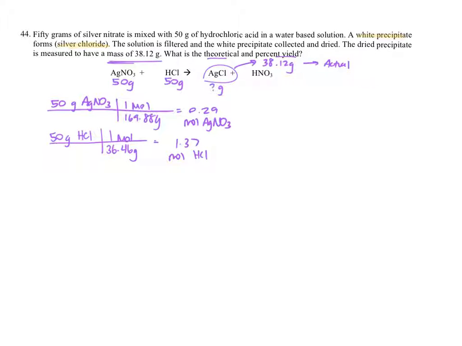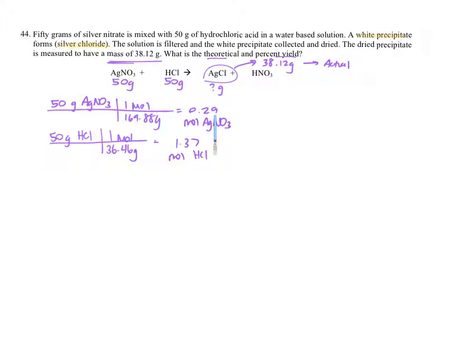So again, I'm going to look at my problem. In this case, it's all ones, 1, 1, 1. So they should be the same. So when that happens, it makes things even easier. If they should be the same, you just pick the lowest. So if they should be equal, this should be 1.37. Well, this should be 1.37. This should be 0.29. This should be 0.29. So what I want you to notice is, if we say, okay, they both should be 0.29.